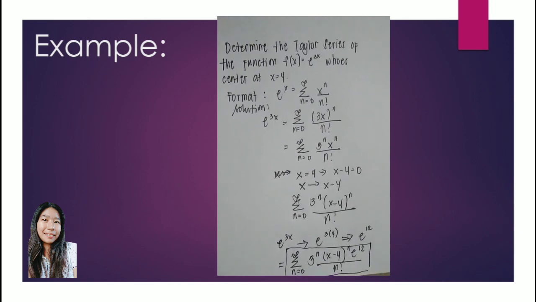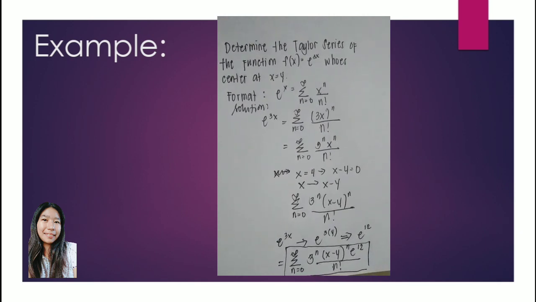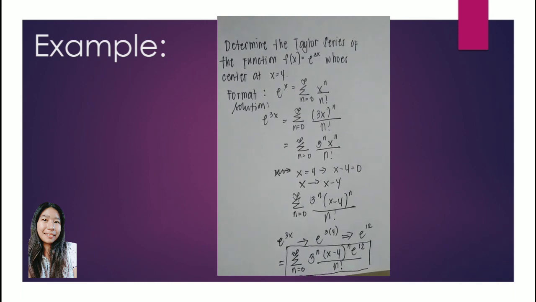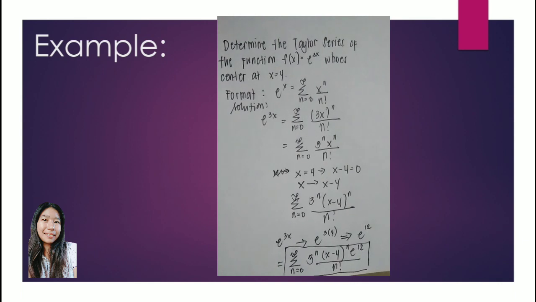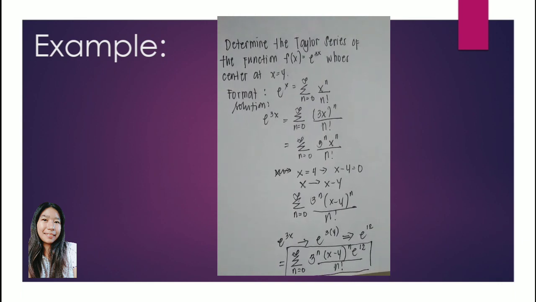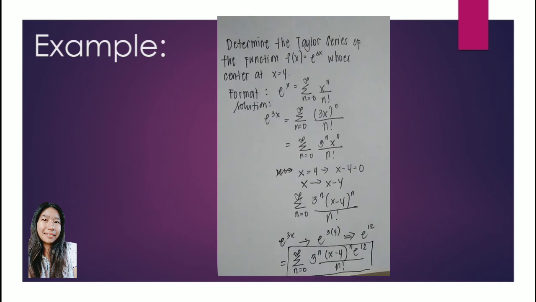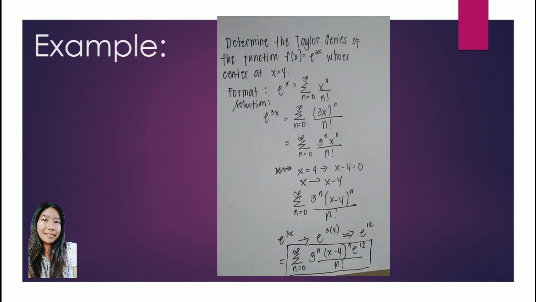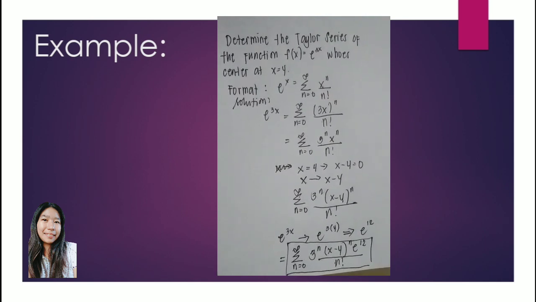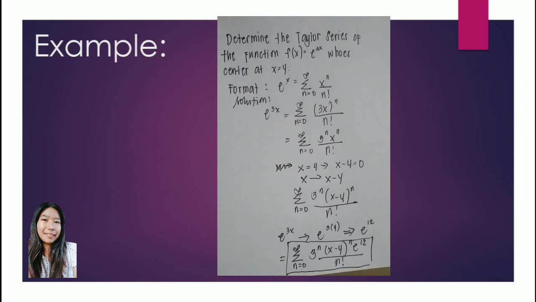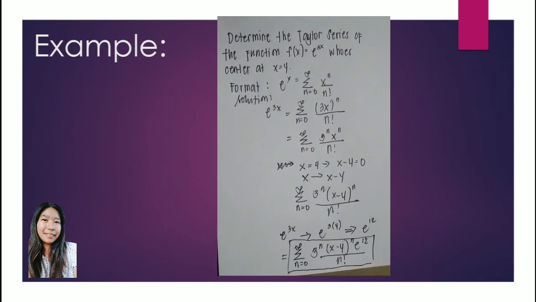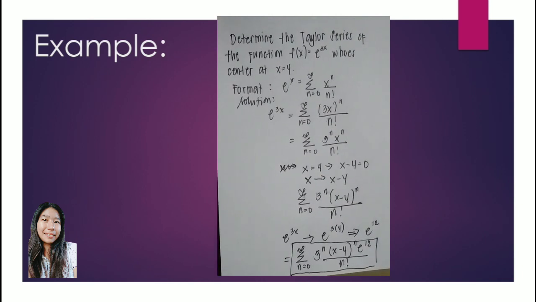By distributing the exponent, we can clearly say that the summation from n equals 0 up to infinity of 3 raised to n. All x must be shifted. If we equate the center x equal to 4 to 0, it will become x minus 4 equal to 0. In other words, we equate the center to 0, then all the values of x are shifted accordingly.